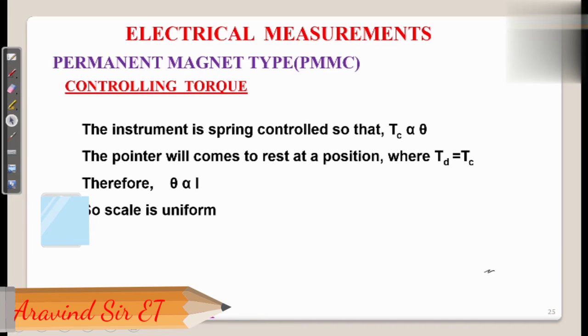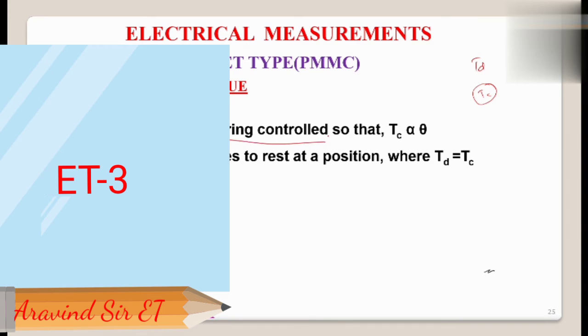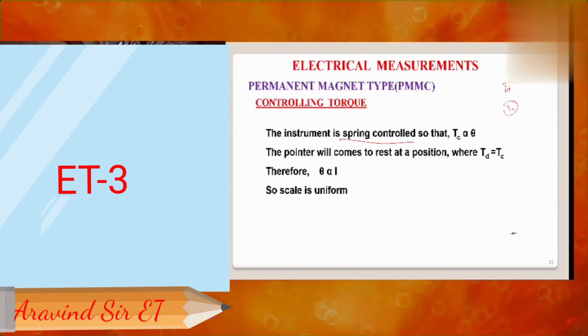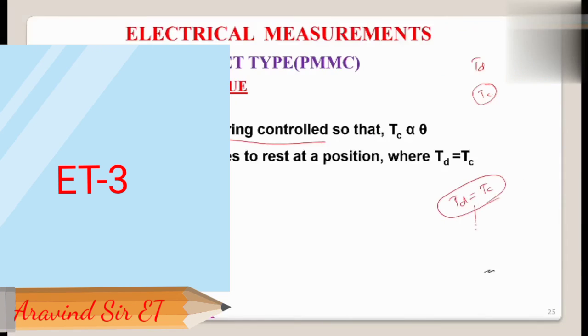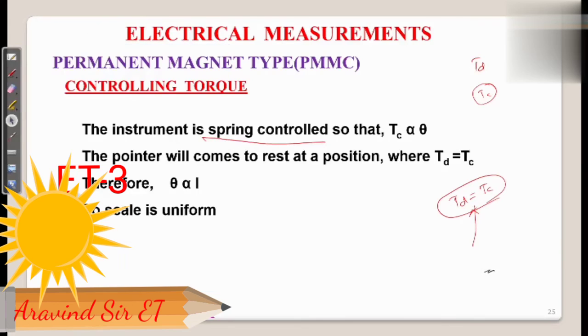So here, what type of controlling torque? The deflecting torque is completed. Now coming to the controlling torque. The controlling torque provided in the permanent magnet moving coil is spring control only. We have already discussed spring control: it is a controlling torque opposite to the deflecting torque. Wherever both the deflecting torque and controlling torque are equal, at that time the pointer will come to a standstill, and it gives the corresponding current, power or voltage in a particular circuit.